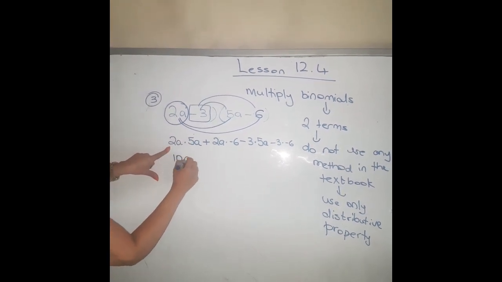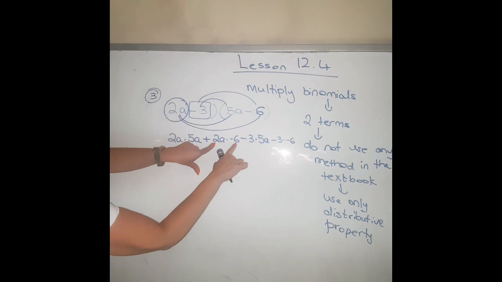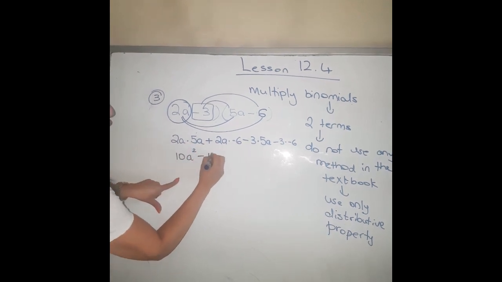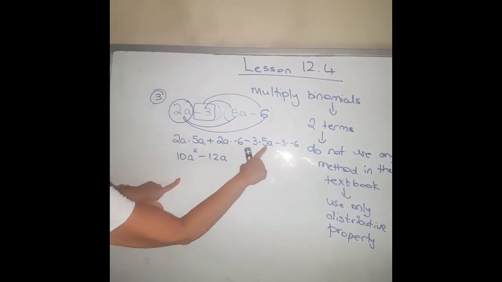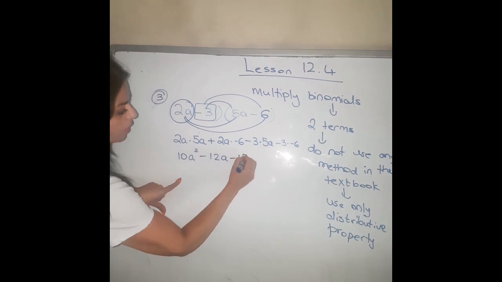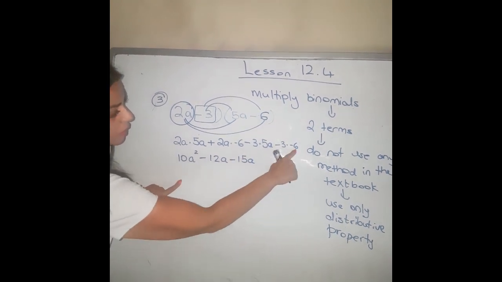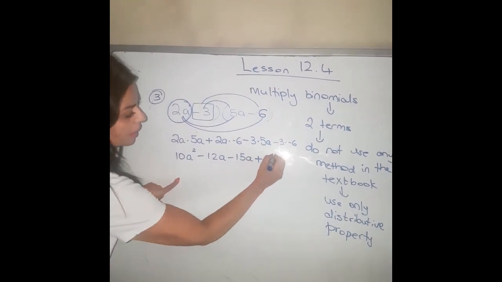An a and an a is an a to the second. 2 times a negative 6 is a negative 12a. Negative 3 times 5 is a negative 15a. Negative 3 times negative 6 is a plus 18.